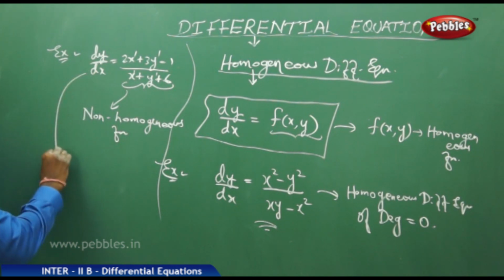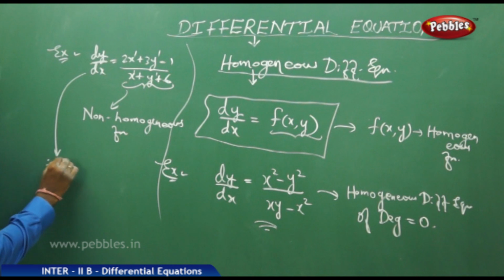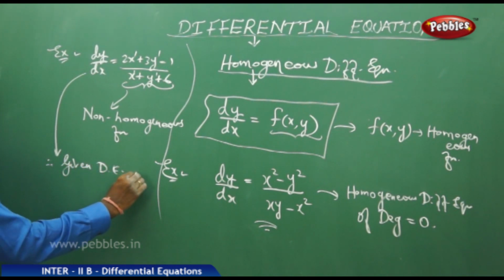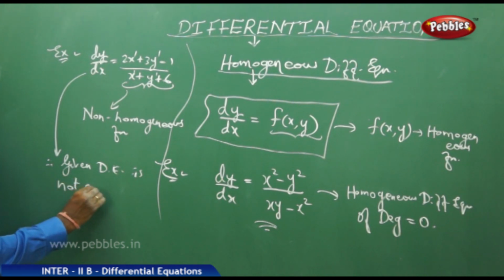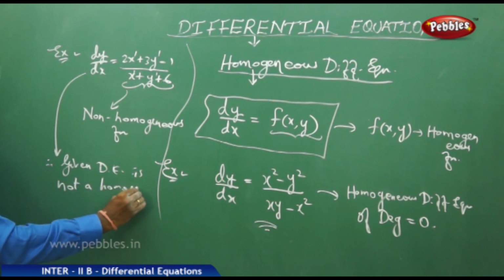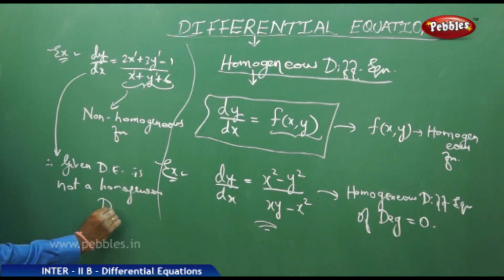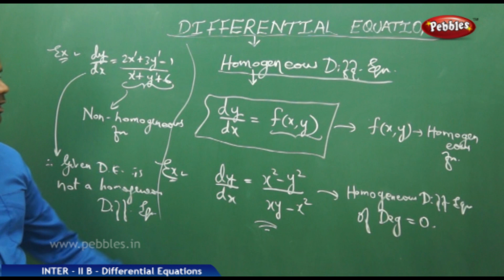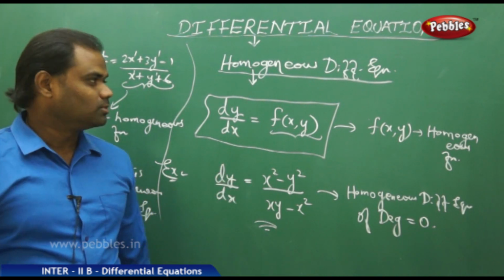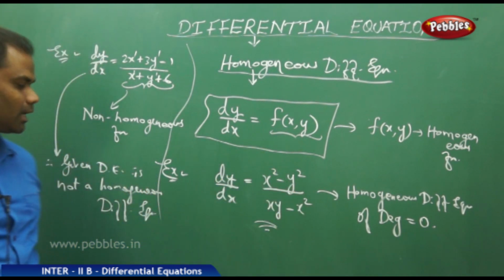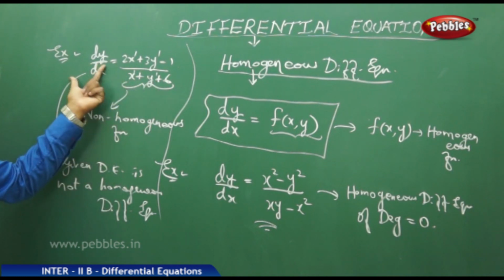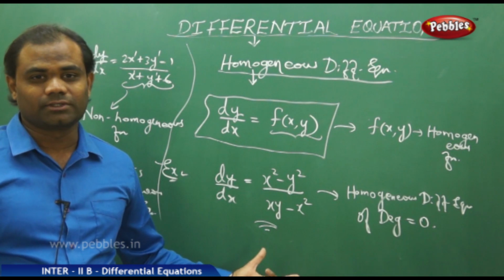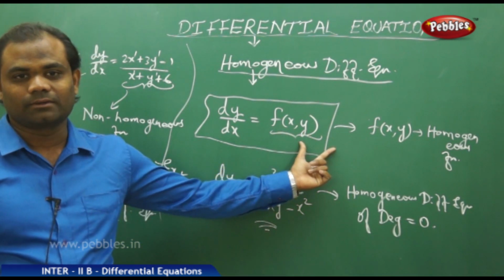Therefore, the given differential equation is not a homogeneous differential equation. This is how we understand the homogeneous differential equation and a non-homogeneous differential equation connected with the homogeneous function f of x comma y.